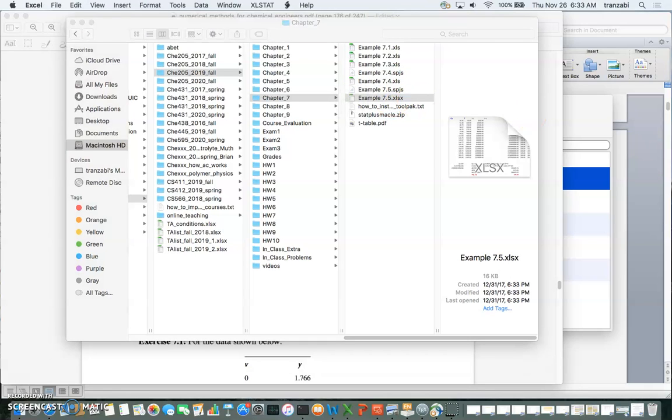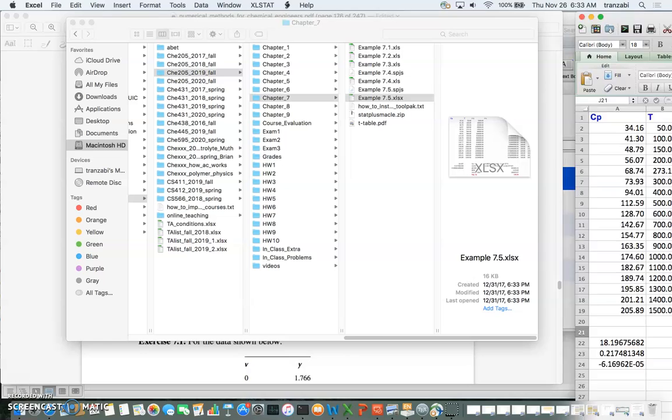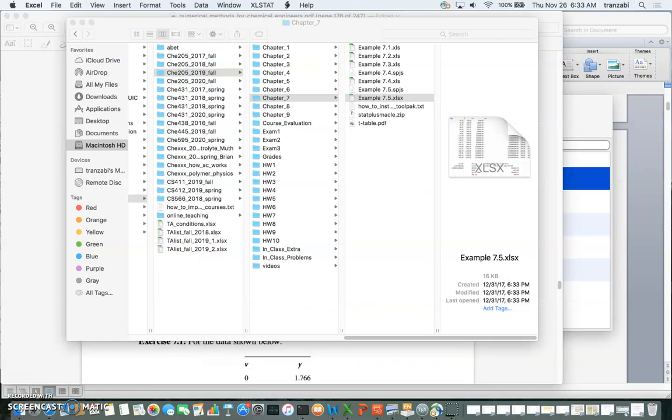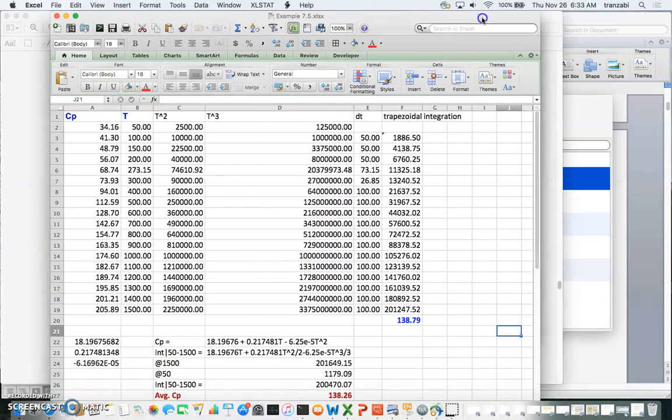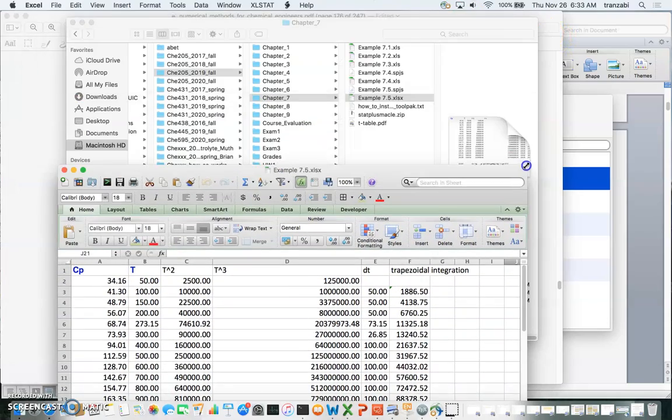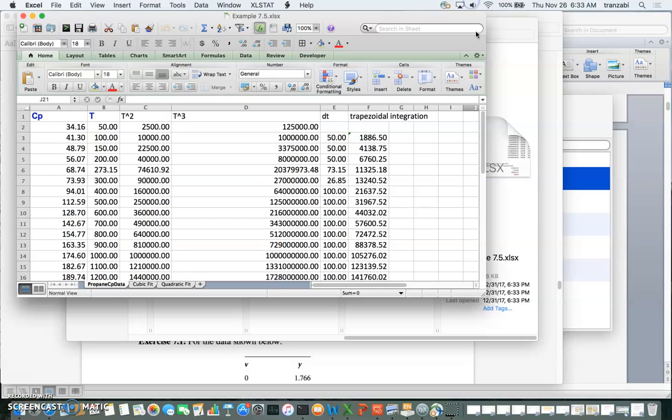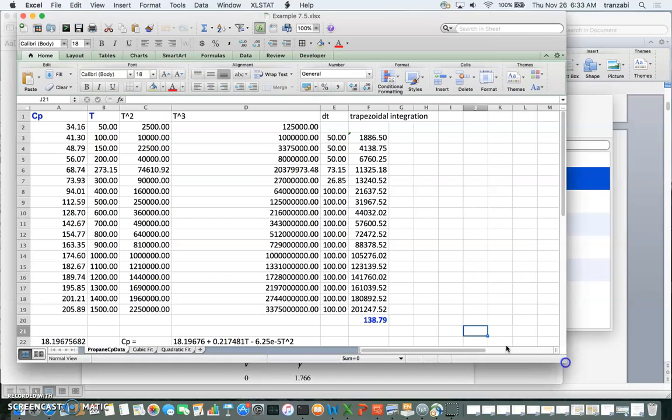So here's the integration, linking it to the t ratio. This is the table we had, t and then the heat capacity, and I'm going to fit a cubic polynomial.